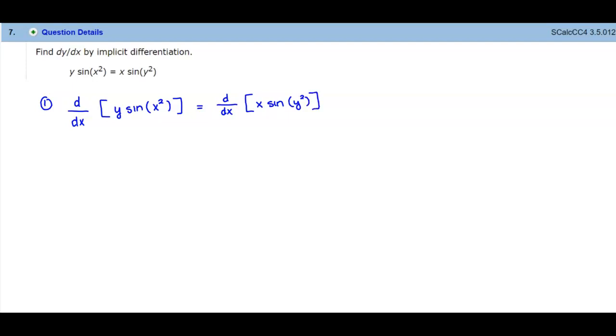Okay, so in the first part here, we know that we have a product rule. So we're going to go ahead and multiply this, but we also know that we're going to have a chain rule associated with sine of x squared.